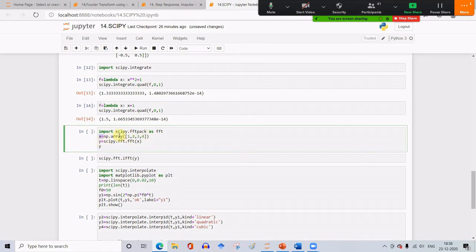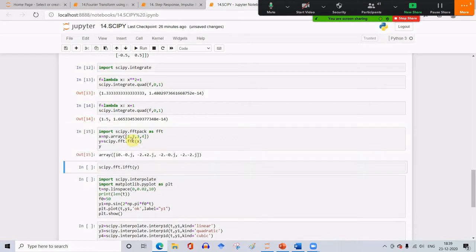Then I'll call the FFT of this x as y, that is SciPy.fft because I'm importing fftpack as fft. So this is the short name for fftpack. Dot fft is the function that I'm calling to calculate the FFT of this array x.